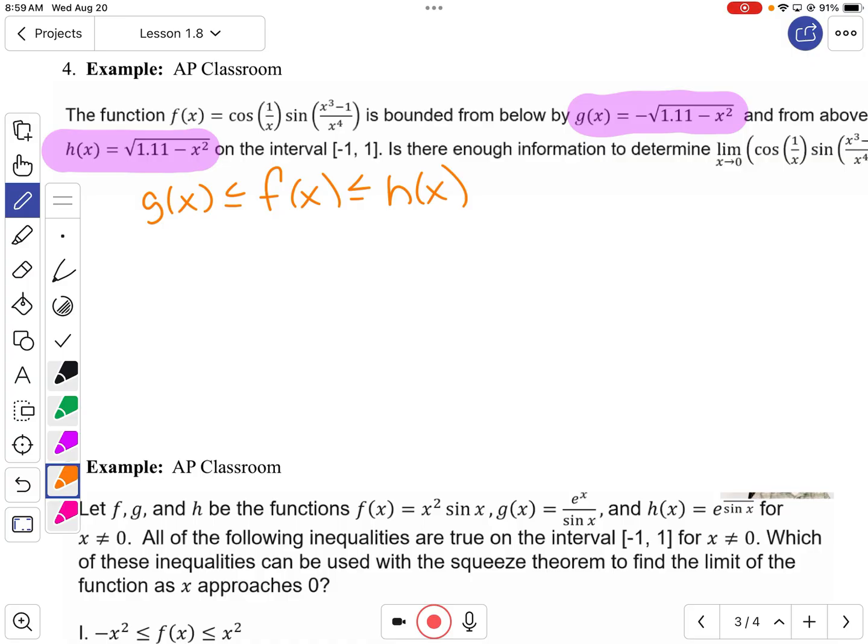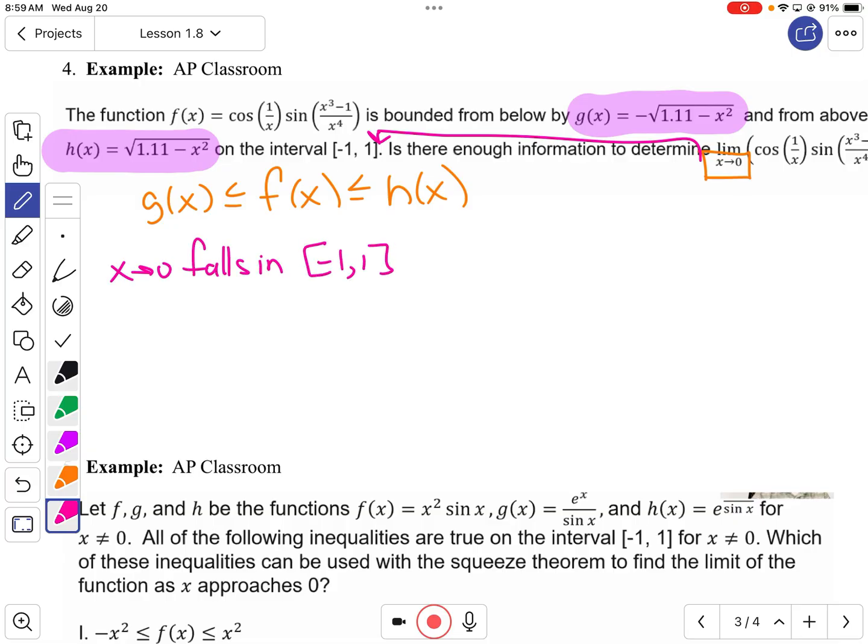I'm taking the limit as x approaches 0. Does 0 fall in the interval that they gave me? Yes, 0 falls between -1 and 1, so we're good. So x approaches 0 falls in -1 to 1. Those were our two conditions.